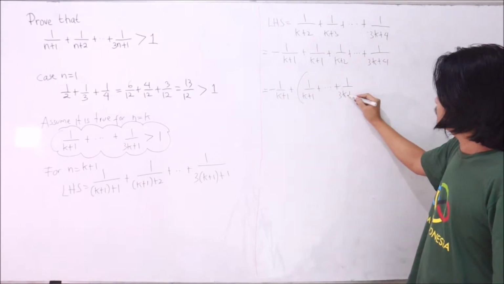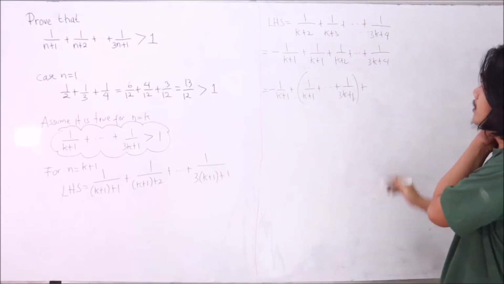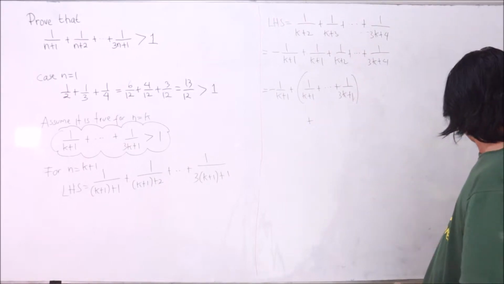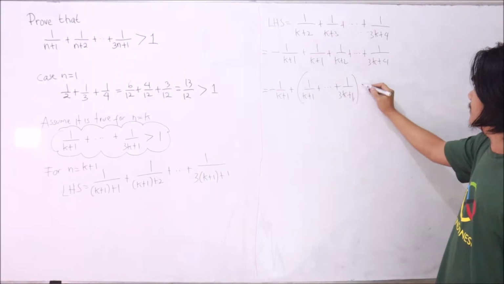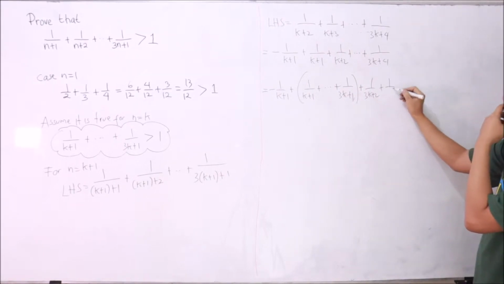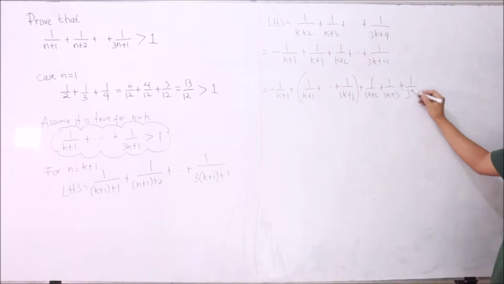And there are some extras, which is what? Let me write down here: 1 over 3k plus 2, 1 over 3k plus 3, and 1 over 3k plus 4.